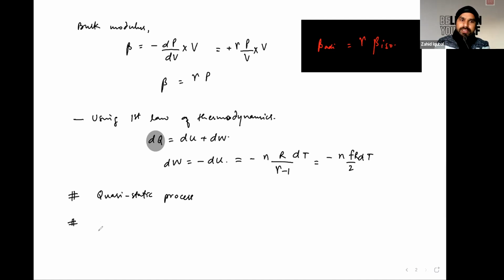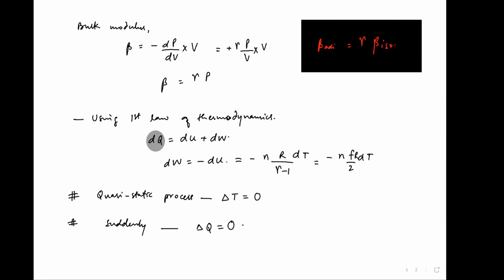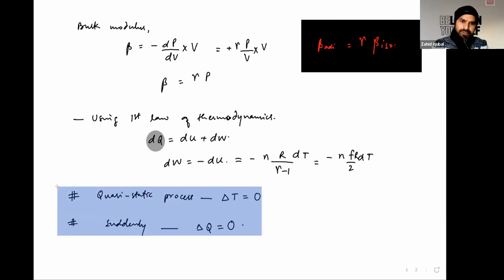And the next one takes place all of a sudden, quickly, abruptly, very fast. So the slow change will be for isothermal, and the fast change will be for adiabatic process. So with respect to these words, we may apply isothermal or adiabatic process. Is it clear? Yes, sir. So just remember how to solve problems related to these two different words. Just write it down, and I'm giving some problems related to this part.